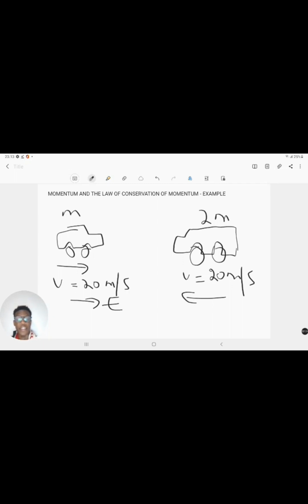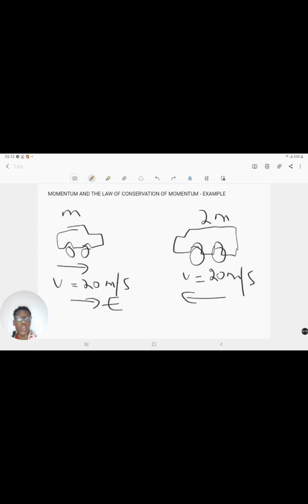What does this mean? What does this tell us? This tells us that there is no net external force acting on this car or on this truck. That's what they mean when they tell us that we should ignore the effects of friction.